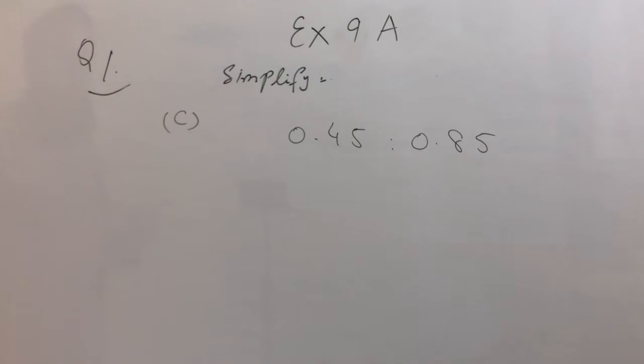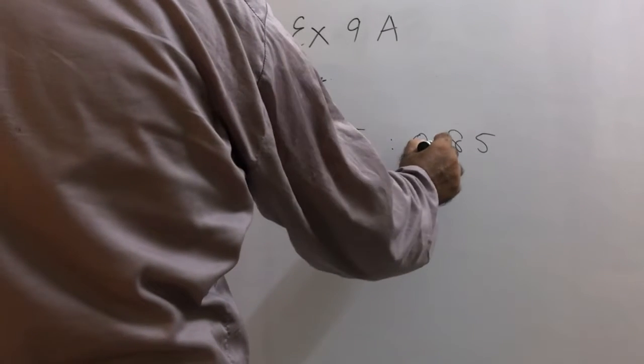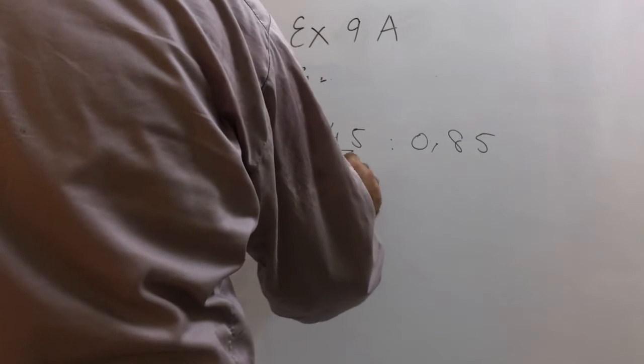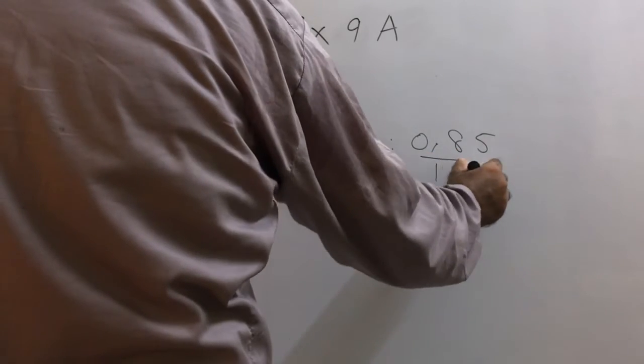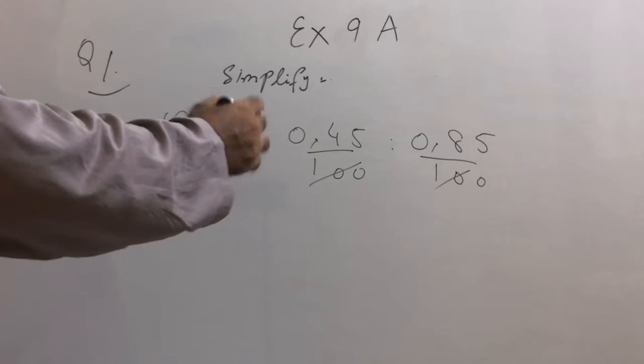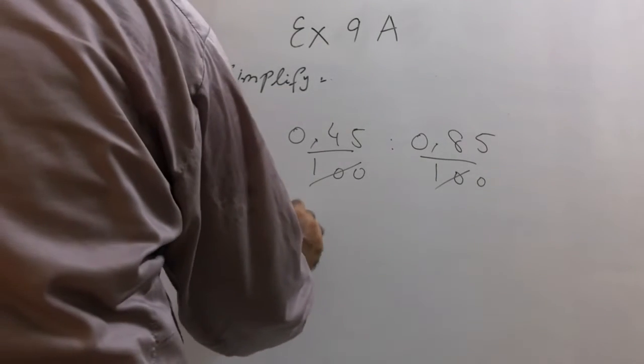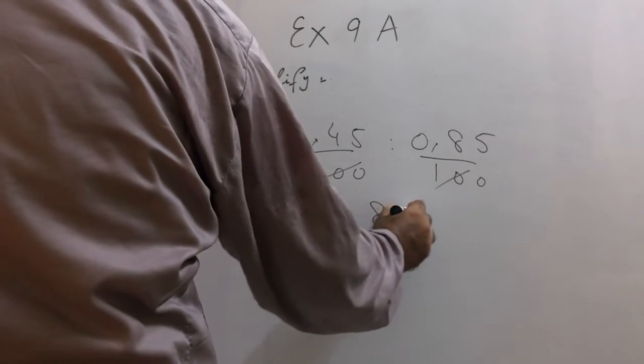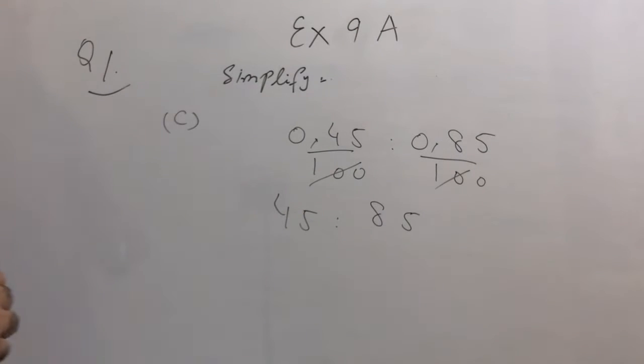So first we will be converting these to normal numbers. How to do that is remove these decimals. Okay, this 0 will be cut with 0, this 100 will be cut with 100. We'll be getting 45 here and 85 here. Okay, so these are the normal numbers. It is 45 ratio 85.